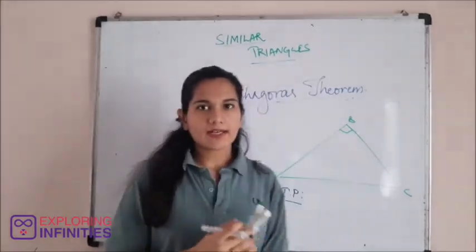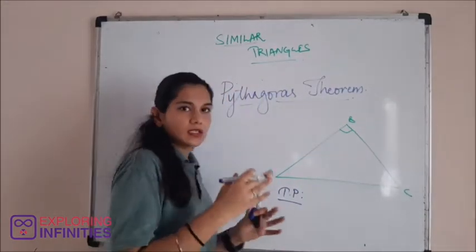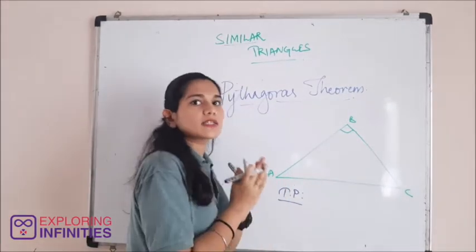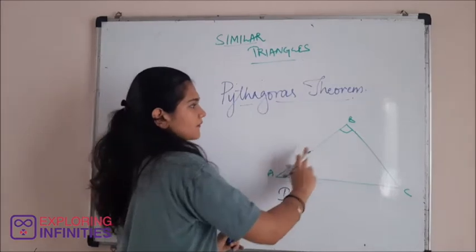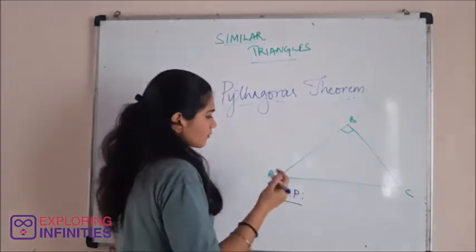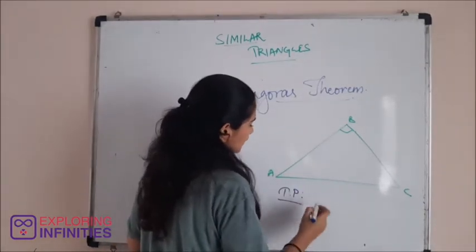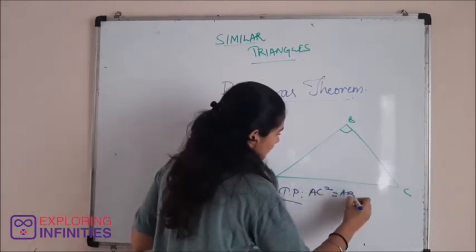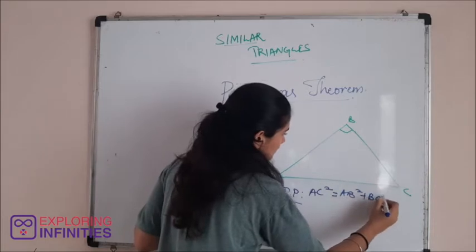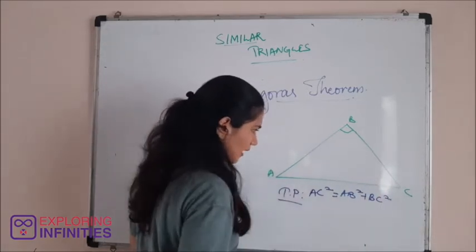If you are given a right angled triangle, then the square of the hypotenuse is equal to the sum of the squares of the other two sides. So what mathematically we have to prove is that AC square equals AB square plus BC square. That is what we have to prove.